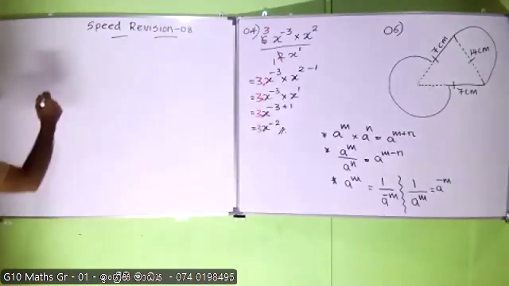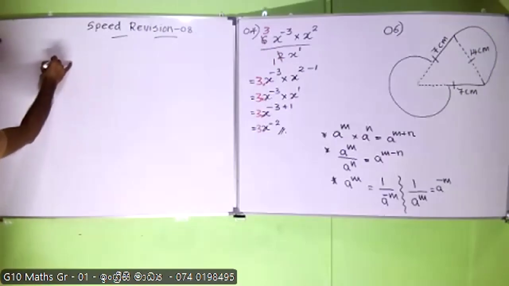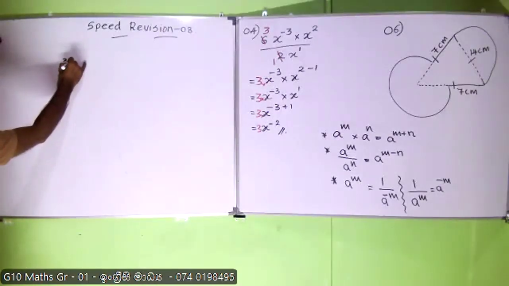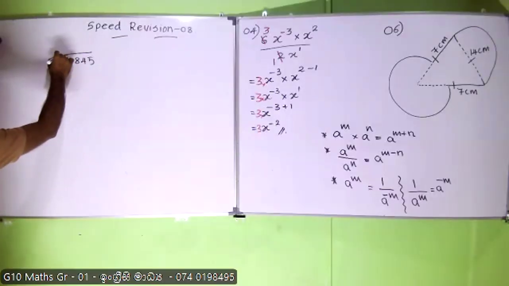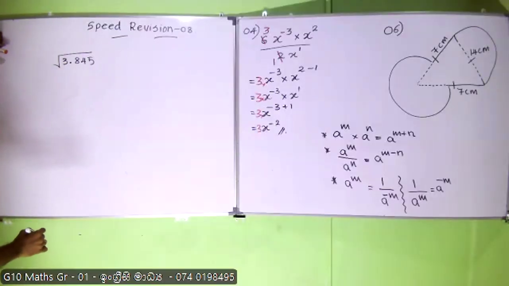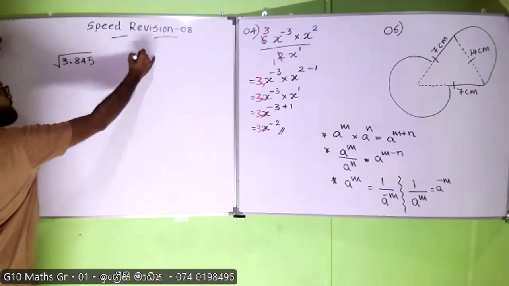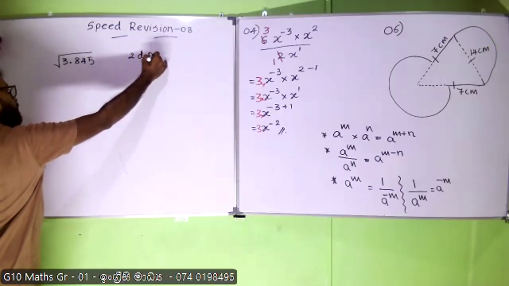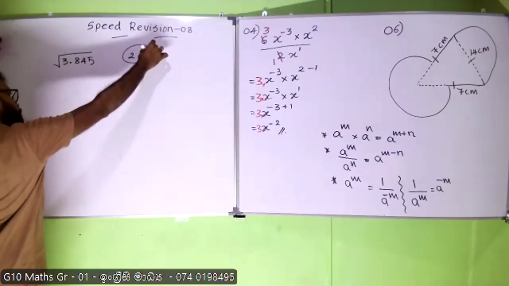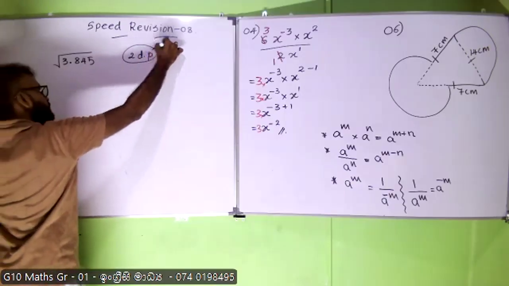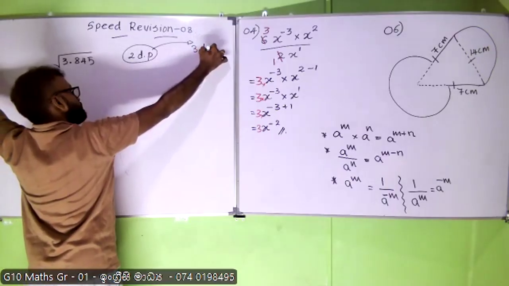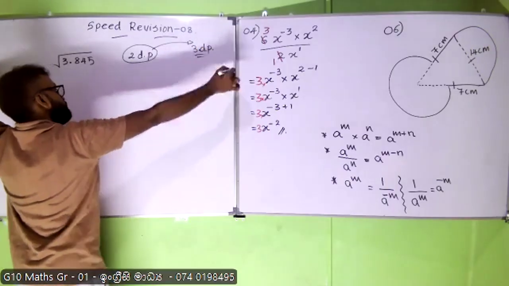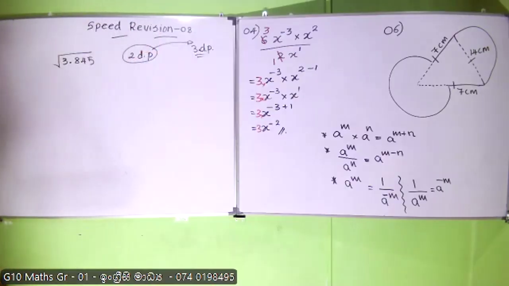So I will use the division method. When you hear the words up to 2 decimal places, initially you have to find up to 3 decimal places.